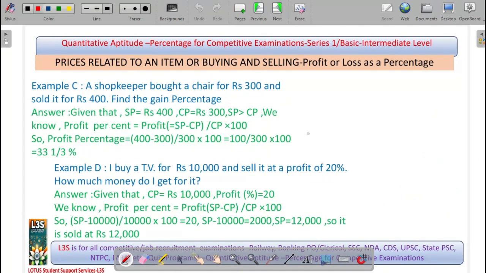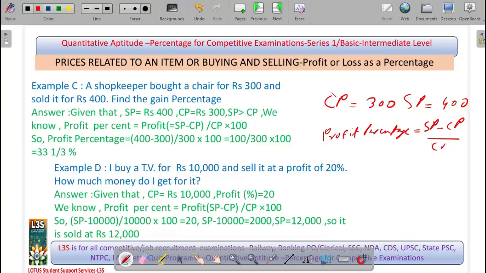Example C. A shopkeeper bought a chair for rupees 300 and sold it for 400. Find the gain percentage. So CP is equal to 300 and SP is 400. SP is more than CP, so there will be profit, and profit percentage equals SP minus CP by CP into 100%.